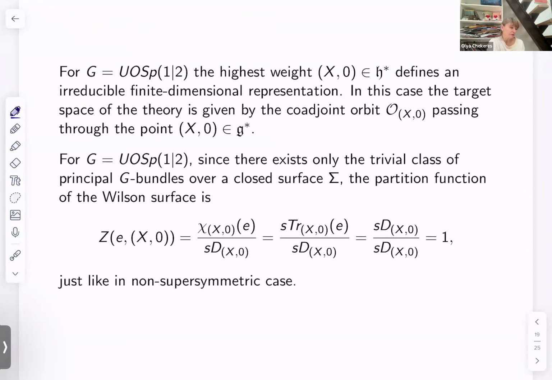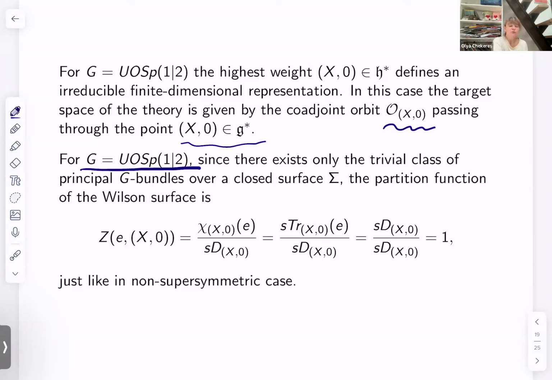And in the case when the target space of the theory corresponds to the coadjoint orbit with the representative x0, the orbit passes through this point x0 in the dual to the Lie superalgebra. And in this case, there is only one trivial class of principal G bundles over a closed surface.